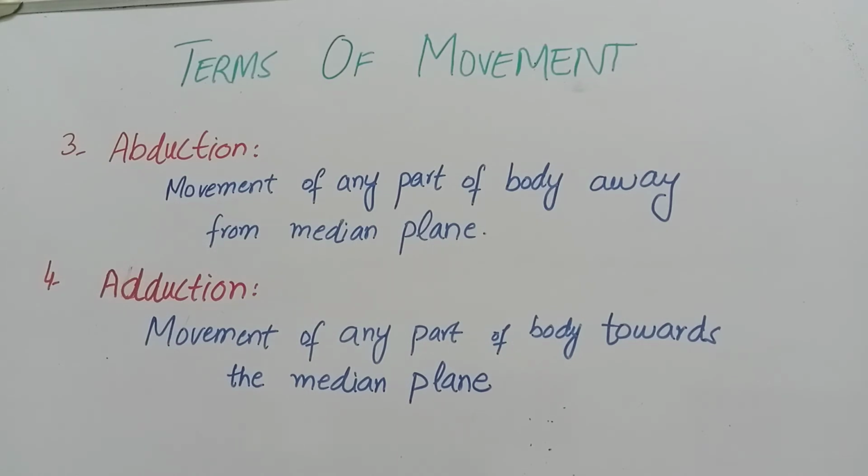Abduction is the movement of any part of the body that is away from the median plane, and adduction is the movement of any part of the body that is towards the median plane. These two terms are opposite to each other.